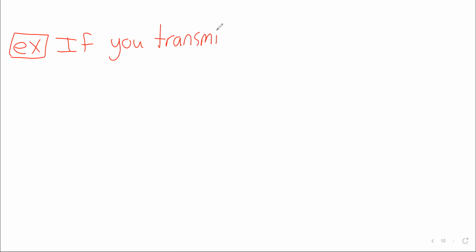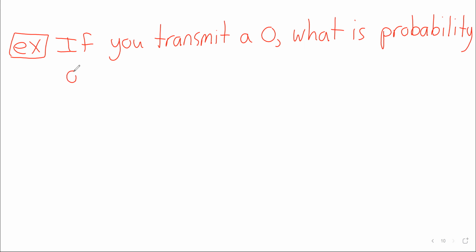Students sometimes struggle with the following because the problem doesn't use the word transition, and doesn't state the initial probability distribution as a probability distribution, but says something like this: if you transmit a 0, what is the probability of receiving a 0?